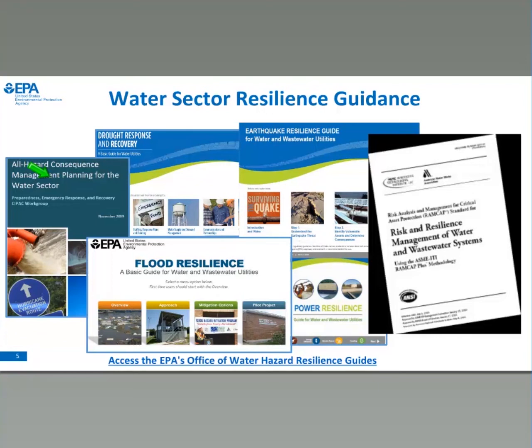I've highlighted a few here in terms of drought, earthquake, power, and floods, and these are available again if you click on the image. And then also there is the American Water Works Association's Risk and Resiliency Management of Water and Wastewater Systems, the J100, that offers an assessment of how the utilities might be able to respond. However, we want to be able to do more site-specific analysis.